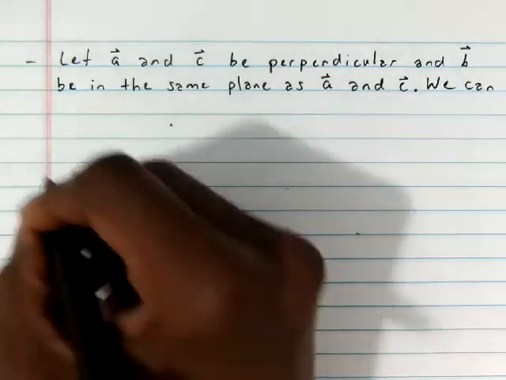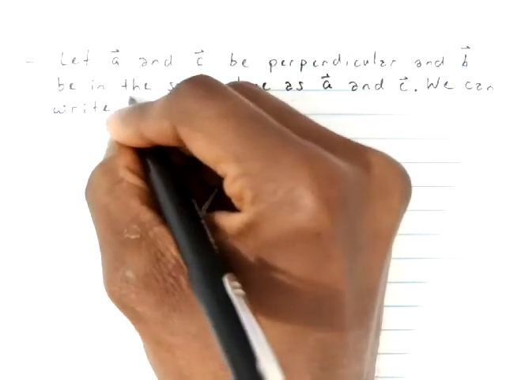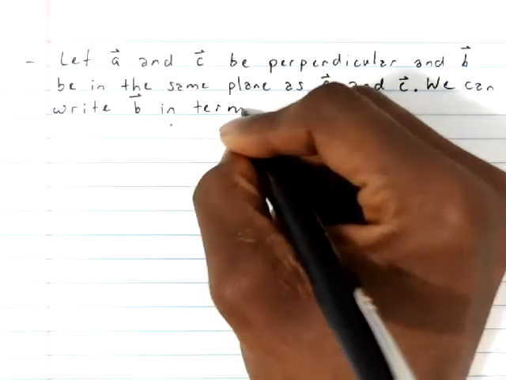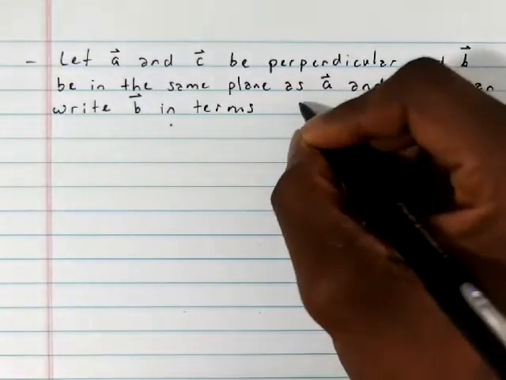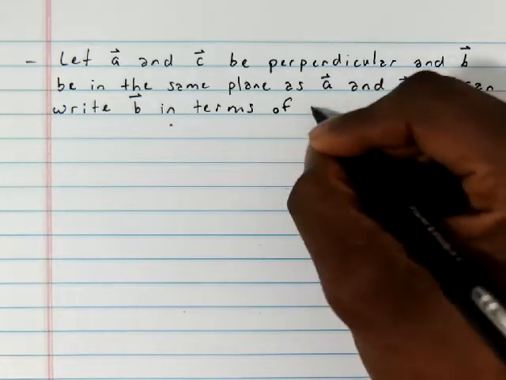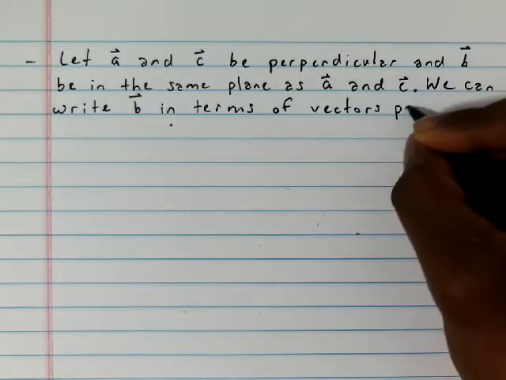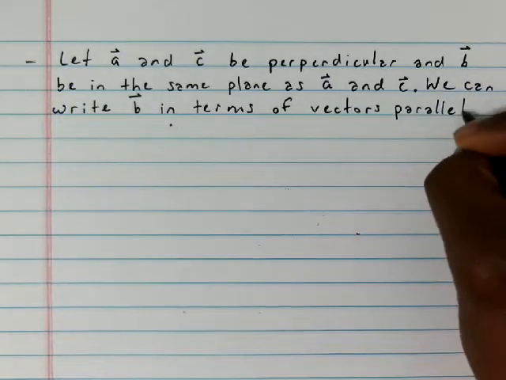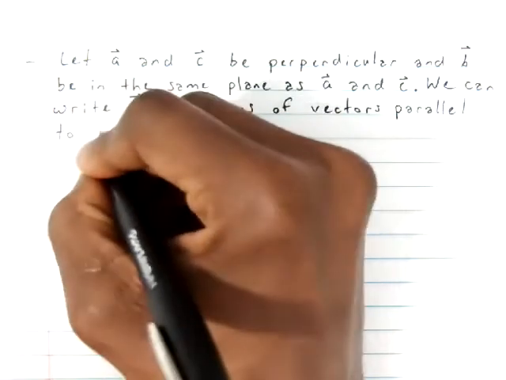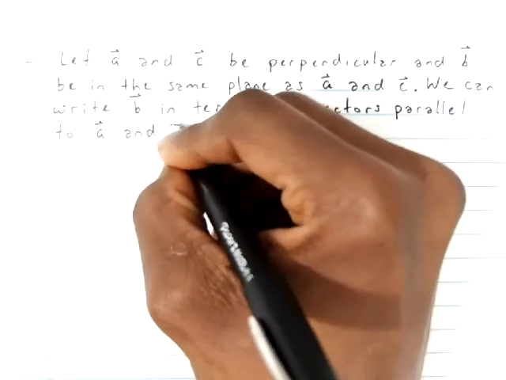Now, if this is the case, then we can write b in terms of vectors parallel to a and c.